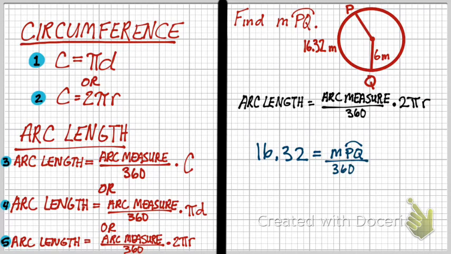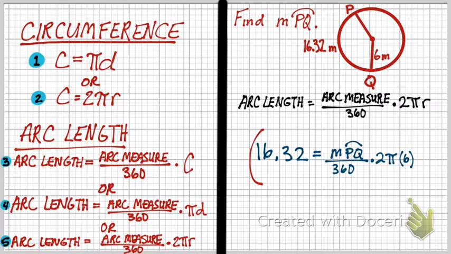There's a 360 on the bottom because every circle is 360 degrees. I have my 2, I have my pi, and my radius on this problem is 6 meters. So now that I've substituted the values from the problem into my formula, I need to get rid of the 360 degrees that's on the bottom of that fraction.